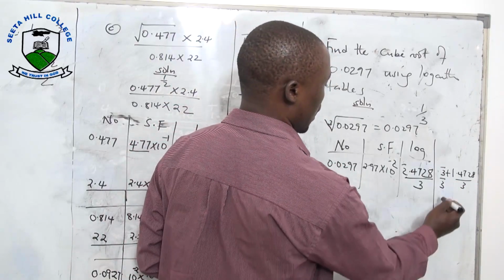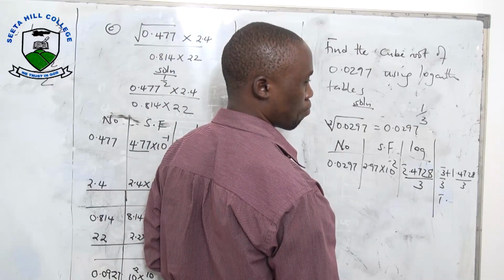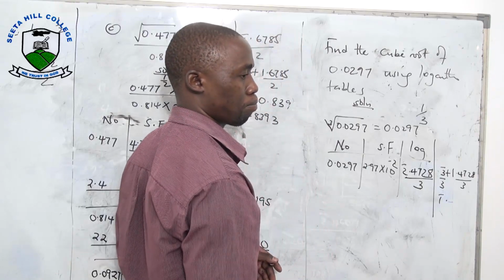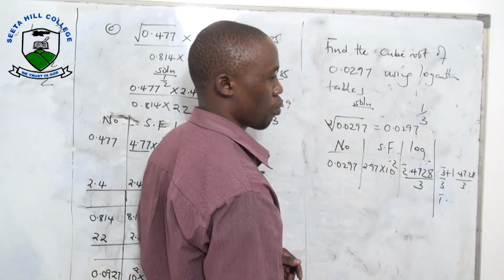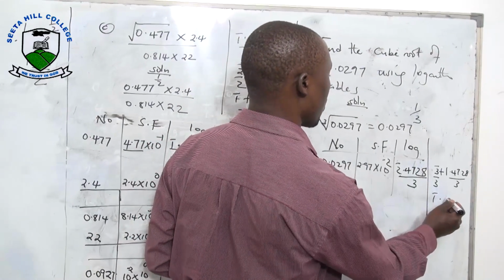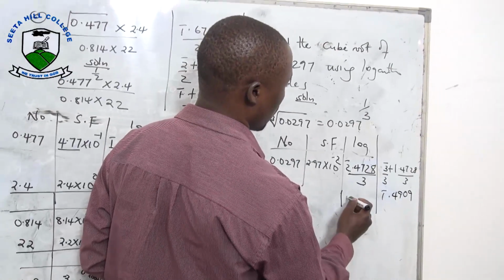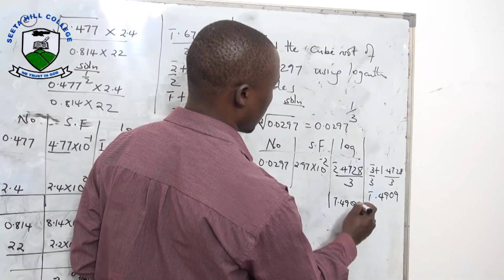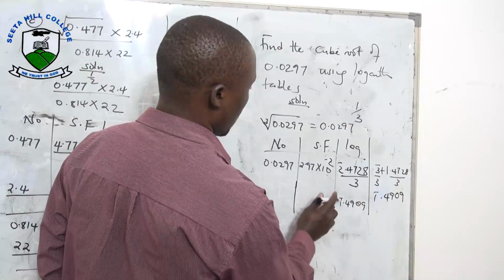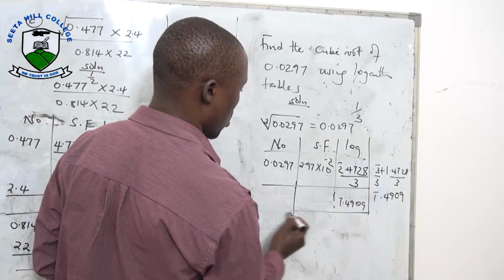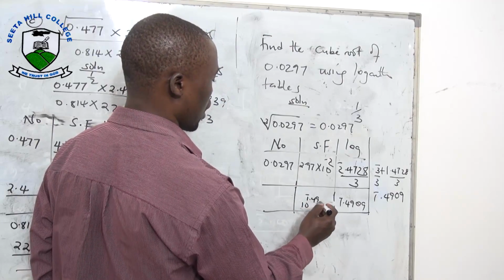What do you get here? -1. Therefore, that's what you get. Antilog for us, and we get our answer here. That is 10 to the power -1.4909.